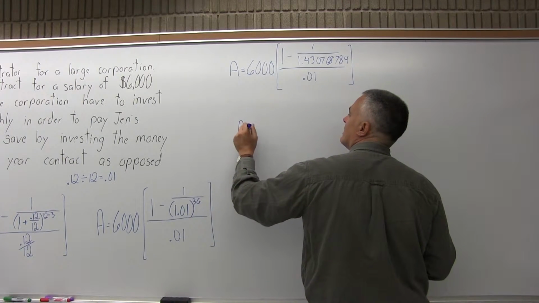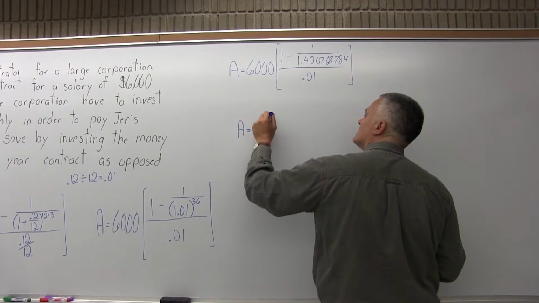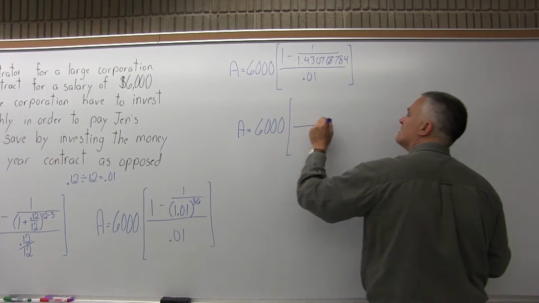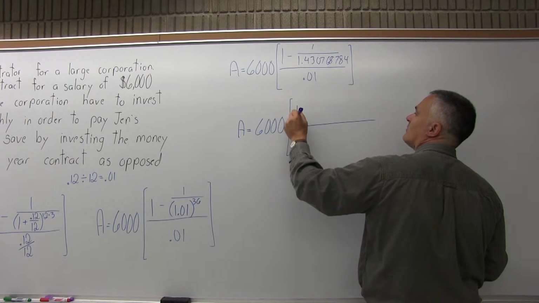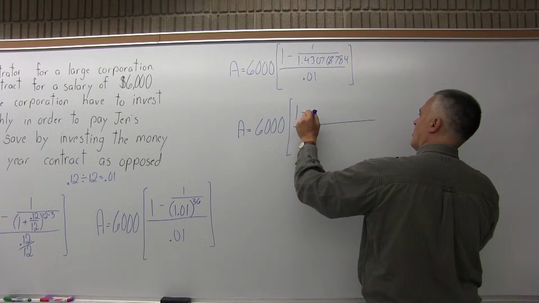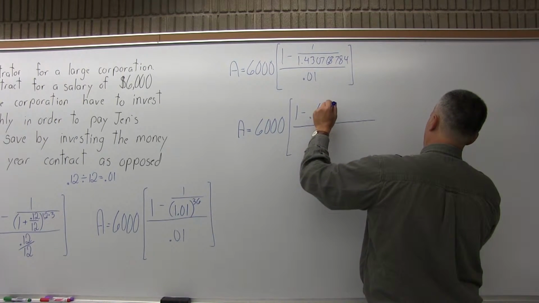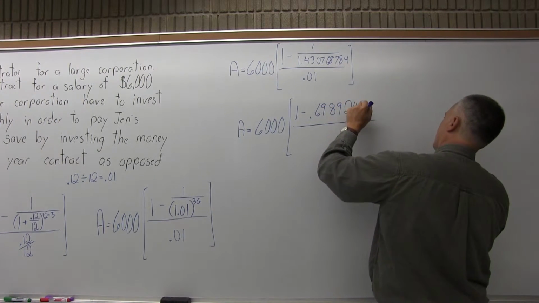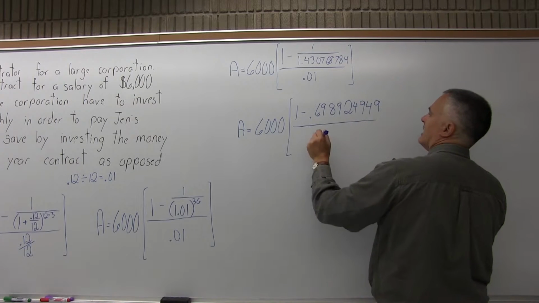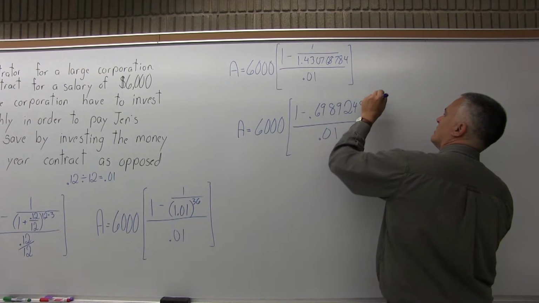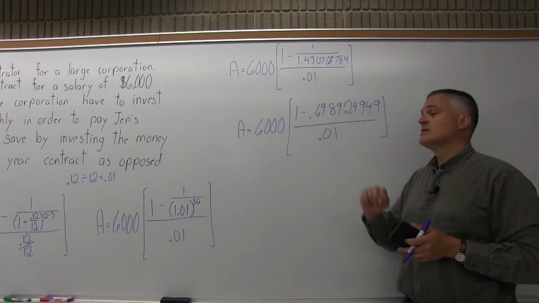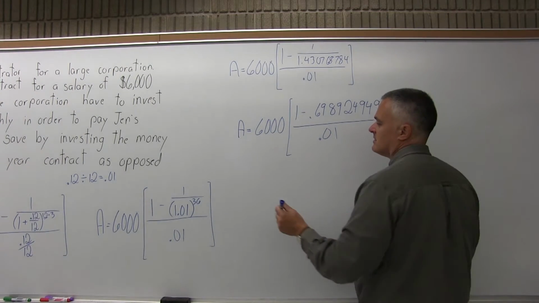And I'll have A equals 6,000 times the brackets. And in the top of the brackets, I'll have 1 minus 0.6989244949. And in the denominator of the brackets, 0.01. So let me do the subtraction that's in the numerator of the brackets.